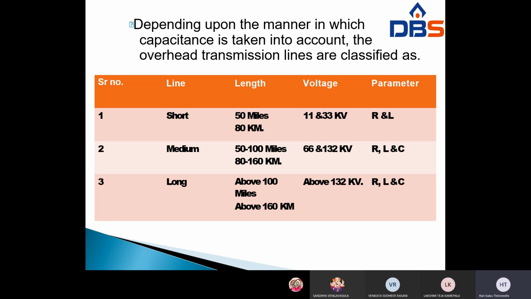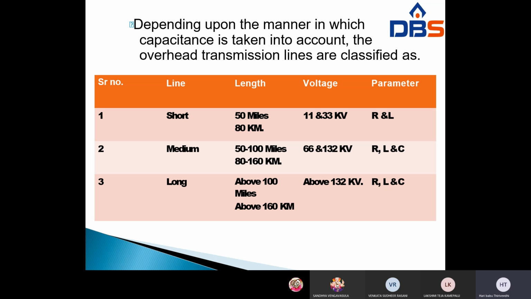For short transmission lines, less than 80 kilometers and voltage less than 33 kV. And here capacitance is not considered. Medium transmission lines, distance is 80 to 160 kilometers, voltage is greater than 33 kV, up to 132 kV. And here RLC are lumped parameters, whereas long transmission lines are greater than 160 kilometers, greater than 132 kV.